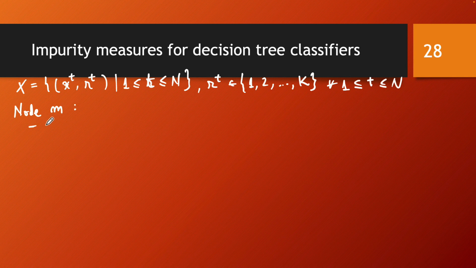First of all, how many data points do I have reaching that node? I'm going to denote that by nm. For the root, this is the entire training data set that you have. You are starting with that, and you're going to split it into smaller and smaller sets. So in node M, nm is the number of data points reaching that node.